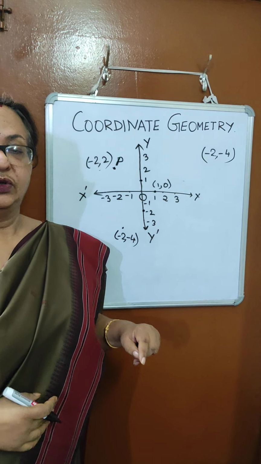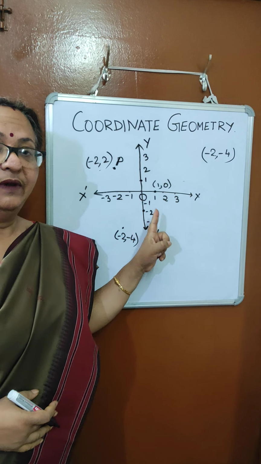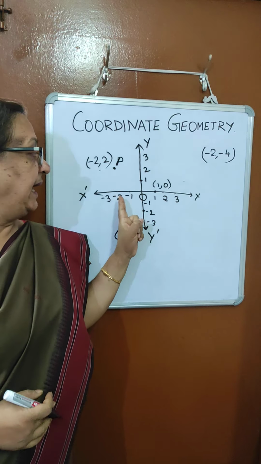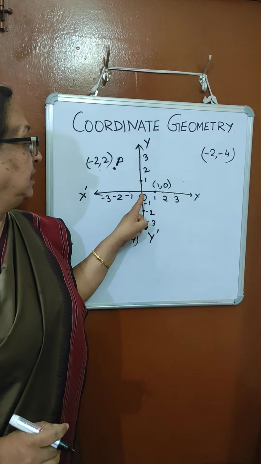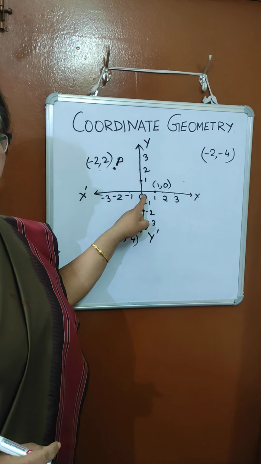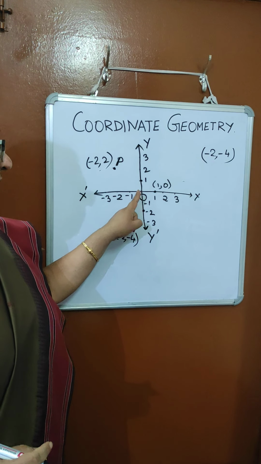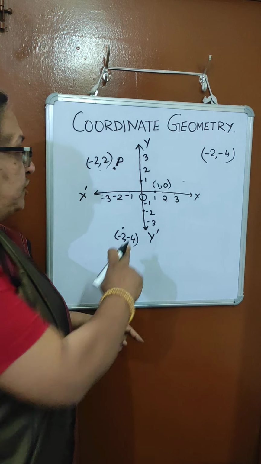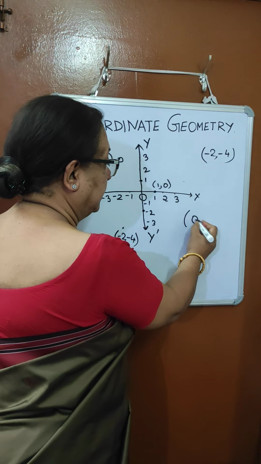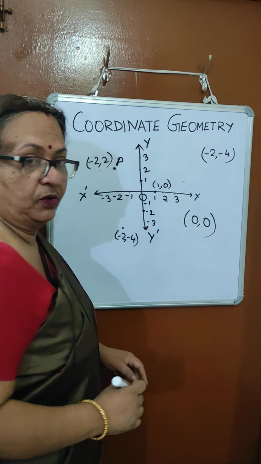Okay children, so I think you have learned about the x-axis and y-axis. Achha, what are the coordinates of the point where the two axes meet? We call it the origin. Coordinates of the origin are 0, 0.